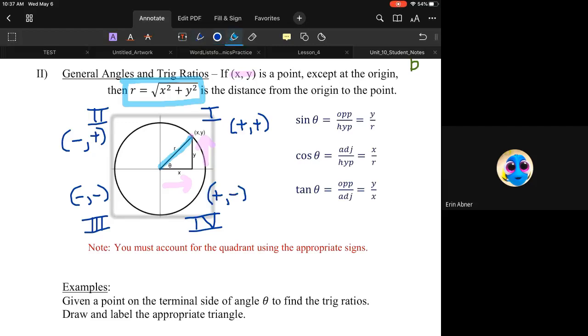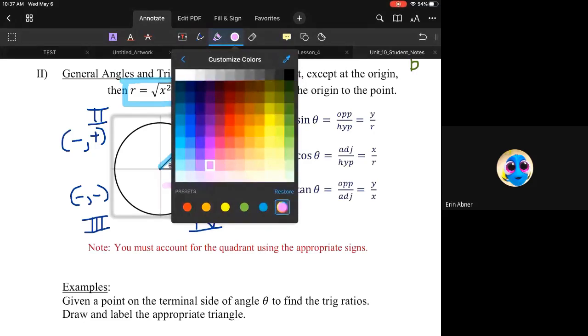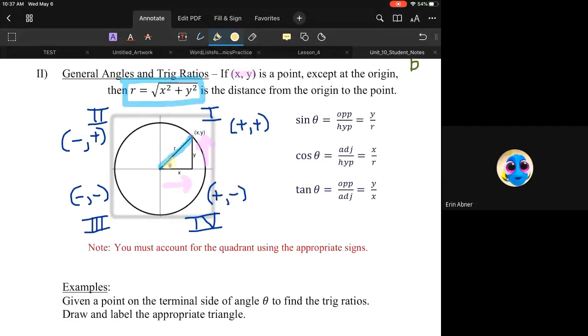Your theta angle is always going to be, and we'll change colors right quick so we can identify our theta angle. Our theta angle is always going to be this one here in the middle, starting with the origin. That's your theta angle.